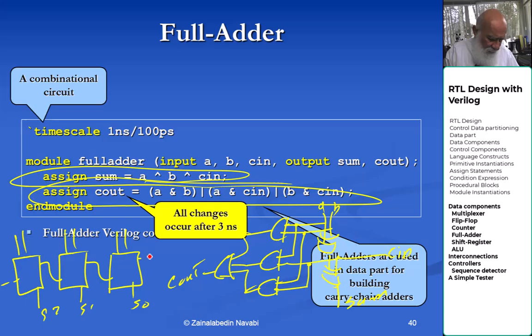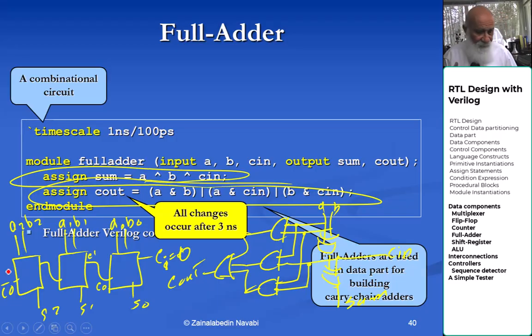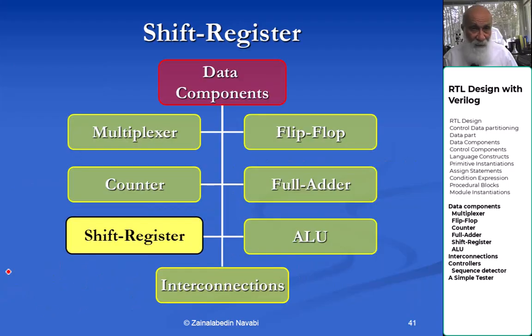The initial carry in is carry 0, which is 0, and this is A0, B0, A1, B1, A2, B2. This is the final carry out, and then this becomes carry 0, this becomes carry 1, and so on. If you want to have multiple of these, you can instantiate several of these to build a bigger adder.